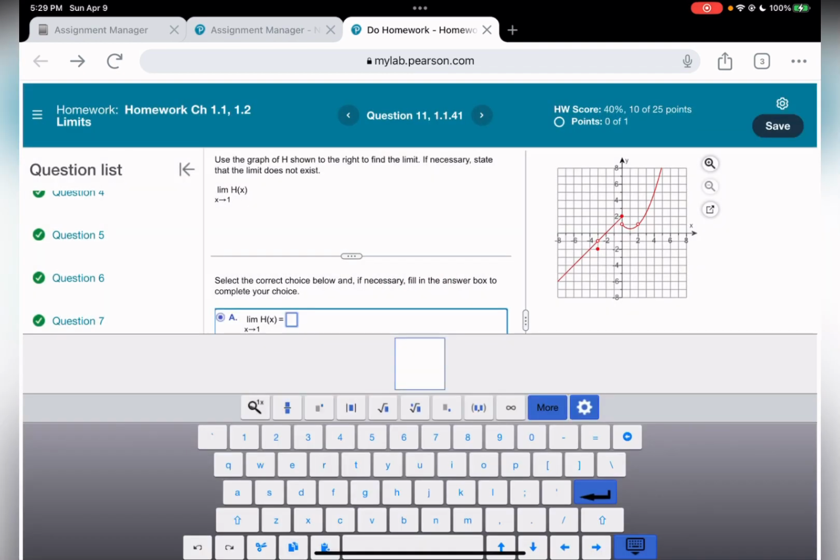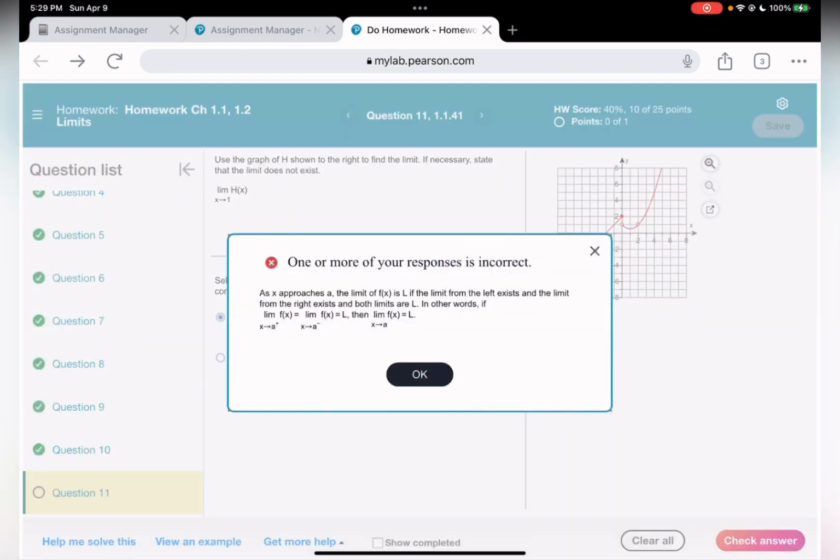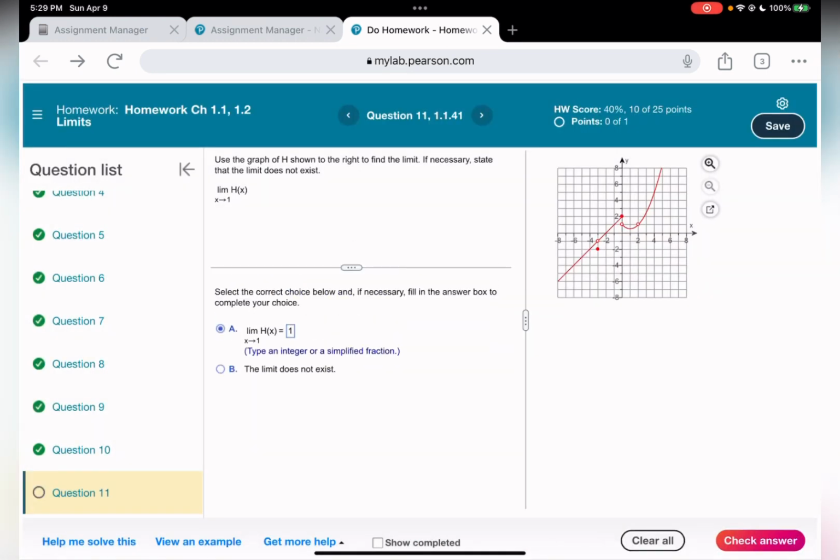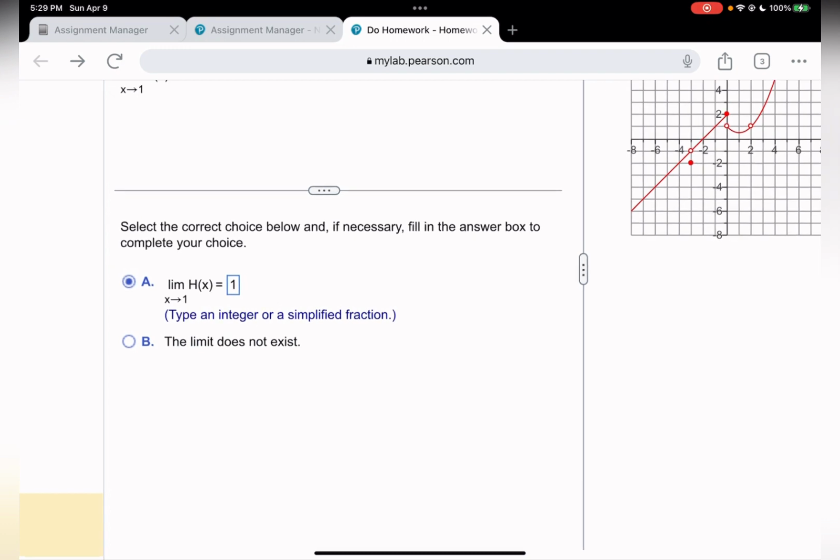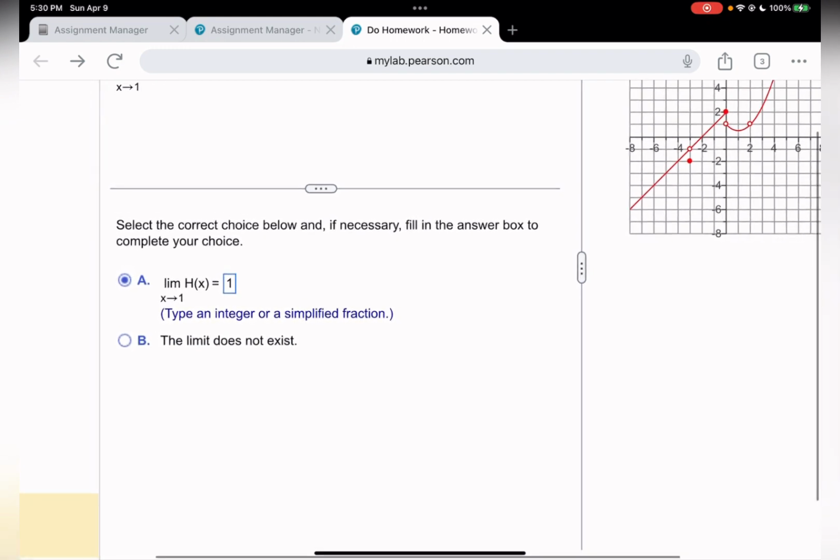So let me put this is 1. Why is it wrong? x approaches 1. Okay, let's open one more time.